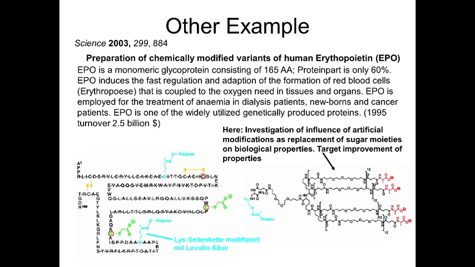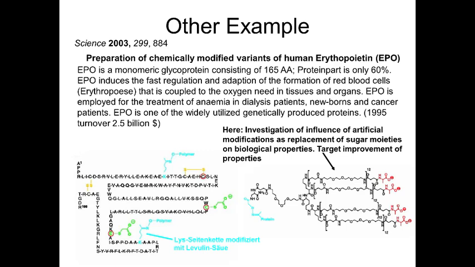Therefore, I need to tell you a little bit more about the protein. EPO is a glycoprotein consisting of 165 amino acids, and the protein part is only 60%, while the sugar part that is attached to the EPO backbone represents roughly 40% of the molecular weight.